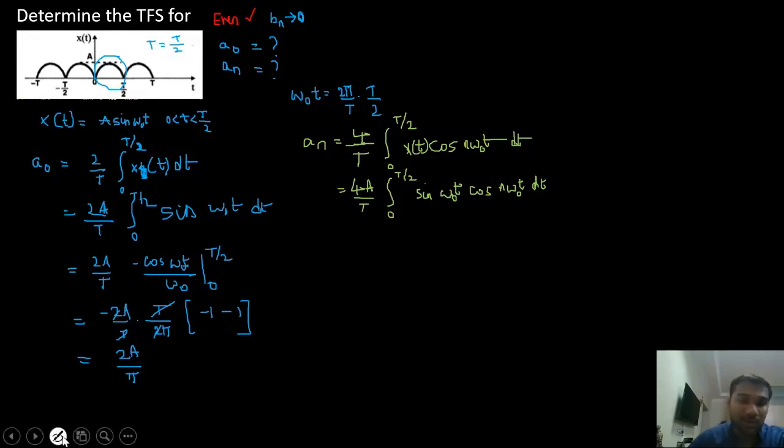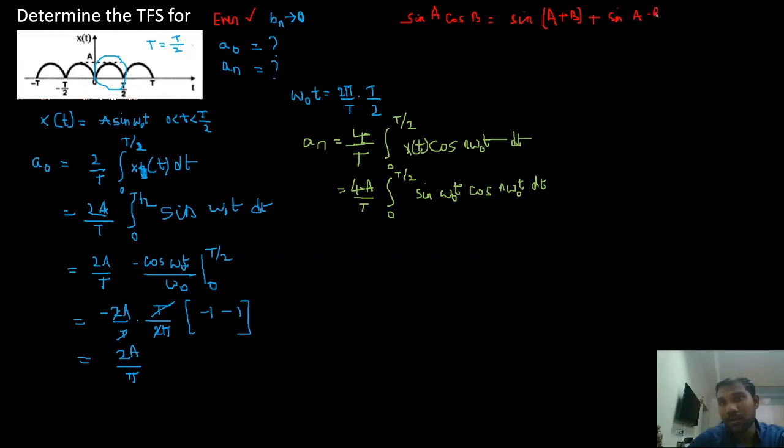The formula for sine A cos B is sine A plus B plus sine A minus B, the whole thing divided by 2.